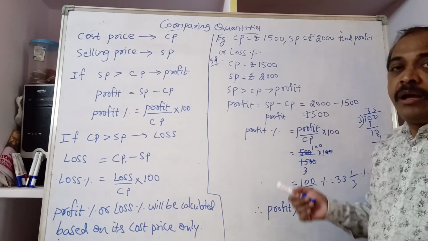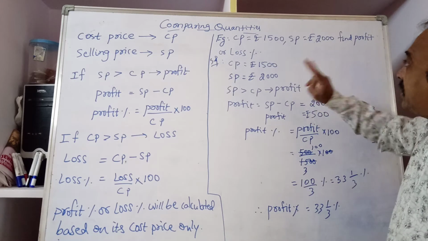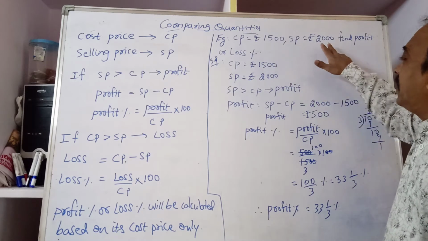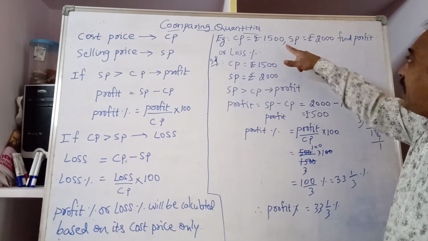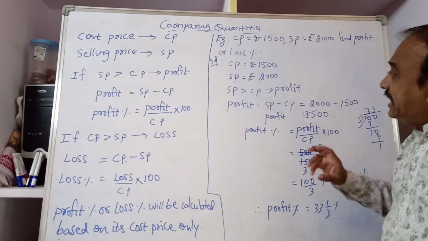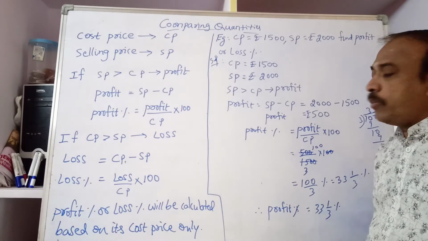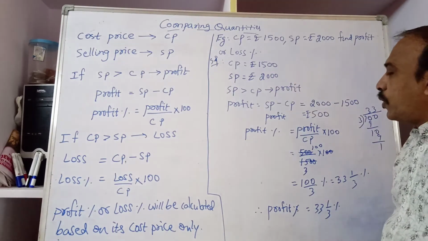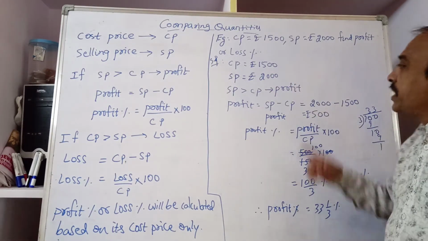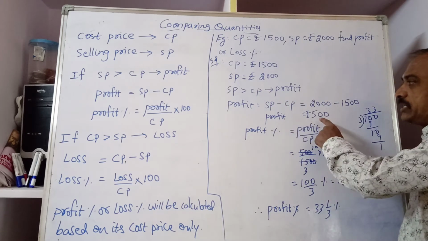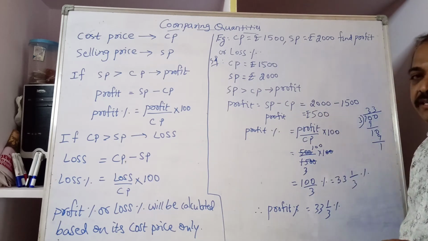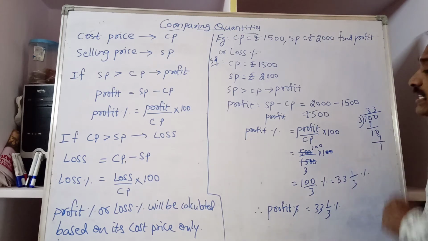Is it clear? First we are observing the terms which are given: profit or loss, cost price and selling price. Then, in cost price or selling price, which is more? Selling price is more than its cost price. So selling price is greater than cost price. We calculated the profit by subtracting its cost price from selling price.